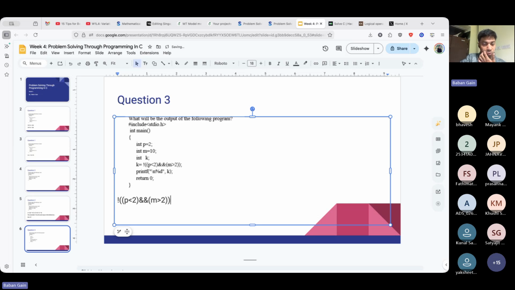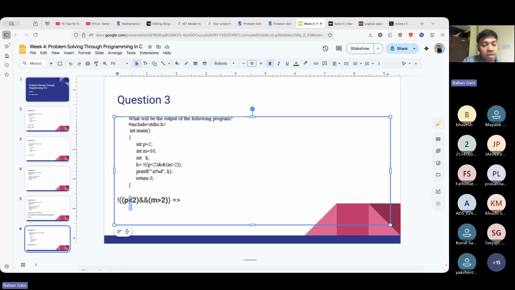At first we have to consider p less than 2 and m greater than 2. So the question is: is p less than 2? p is 2 here. So this is false, because it is not less than or equal to, it has to be strictly less than 2.